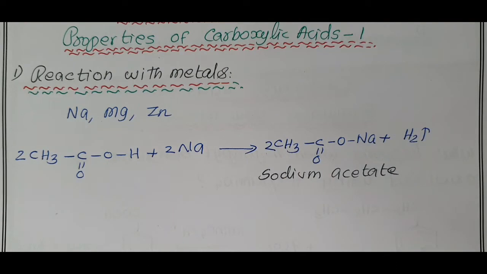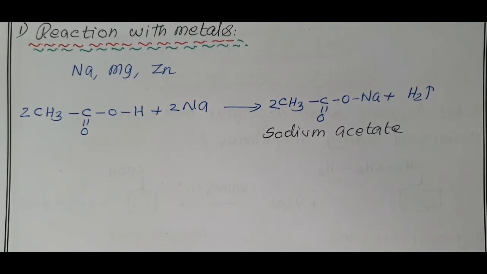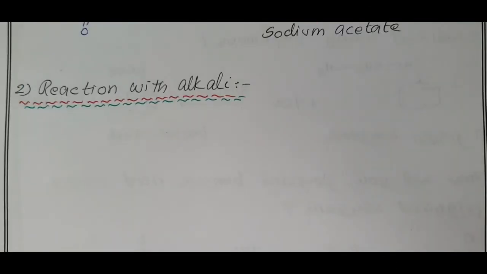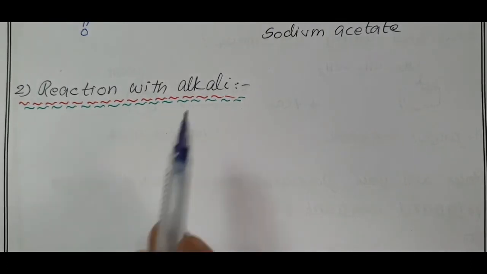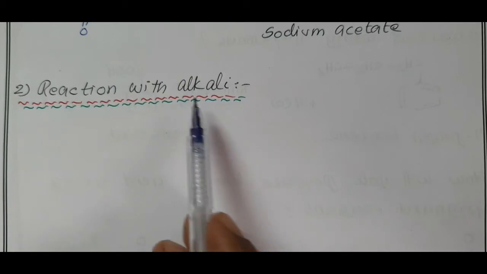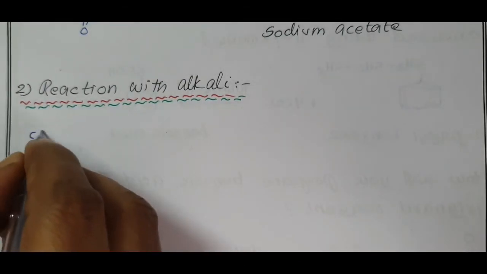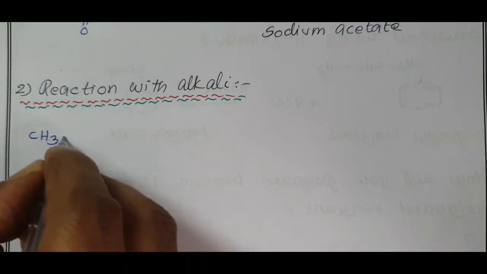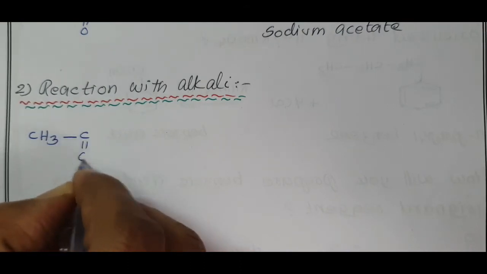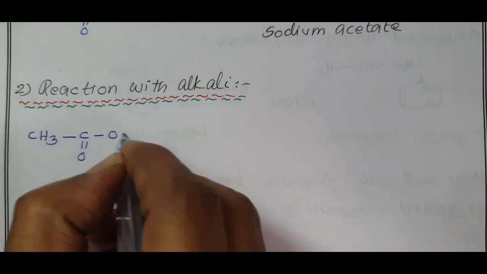Then the second reaction is reaction with the alkali. A soluble base is called alkali, an example is sodium hydroxide. Because these are acids, all acids undergo neutralization reaction with a base.